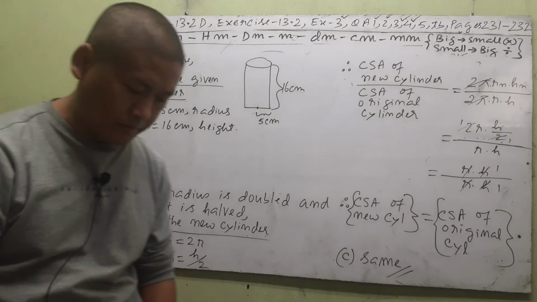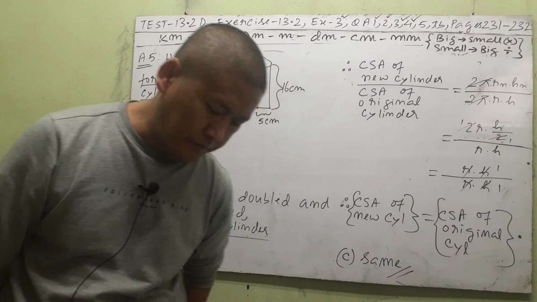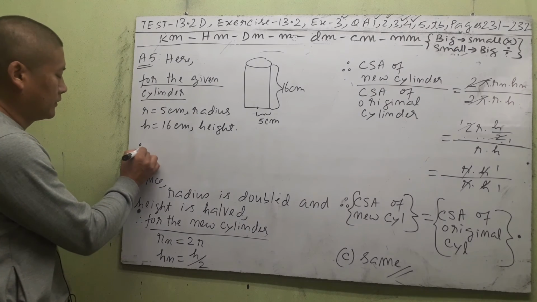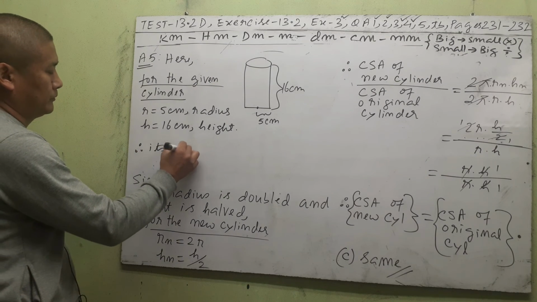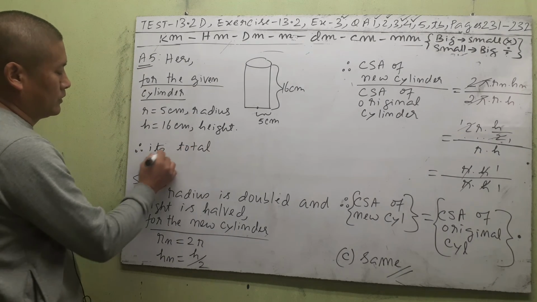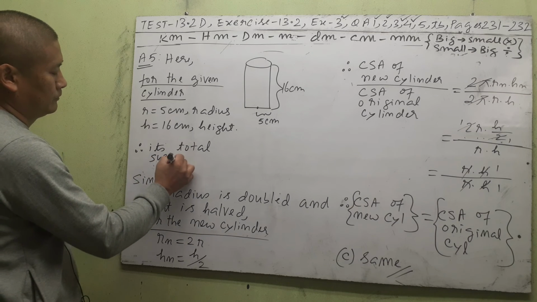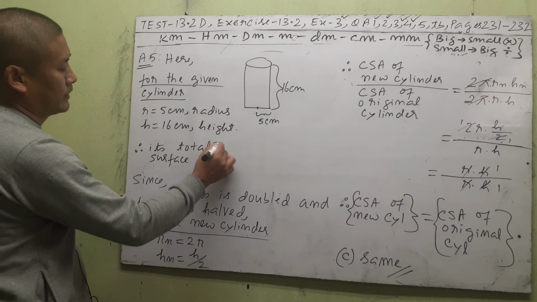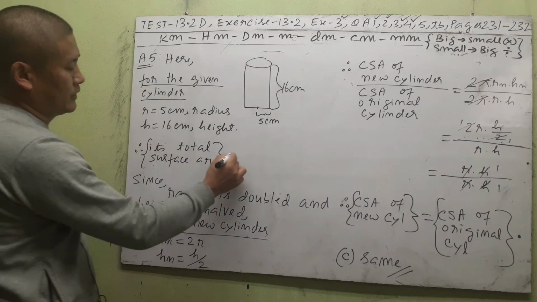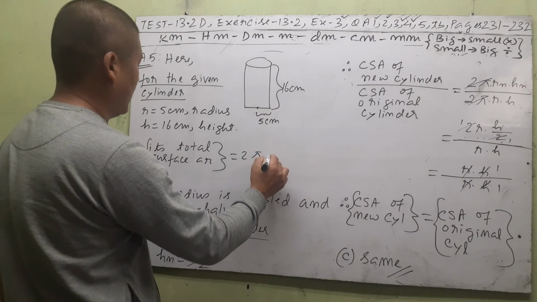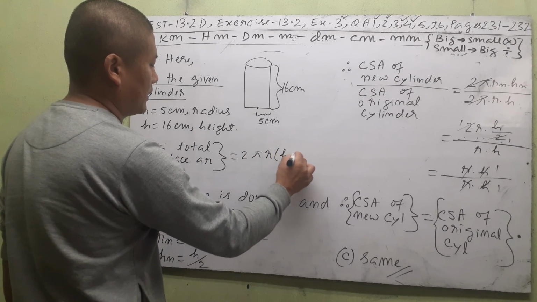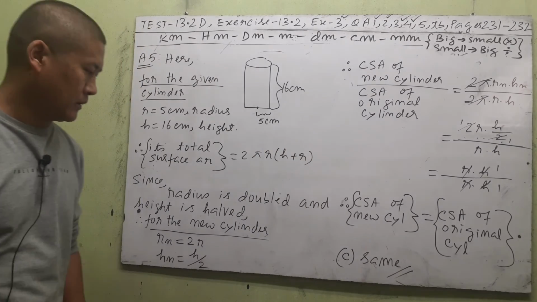This much. So we have to find the total surface area. Therefore, the total surface area of any cylinder is 2 pi r into h plus r, our formula.